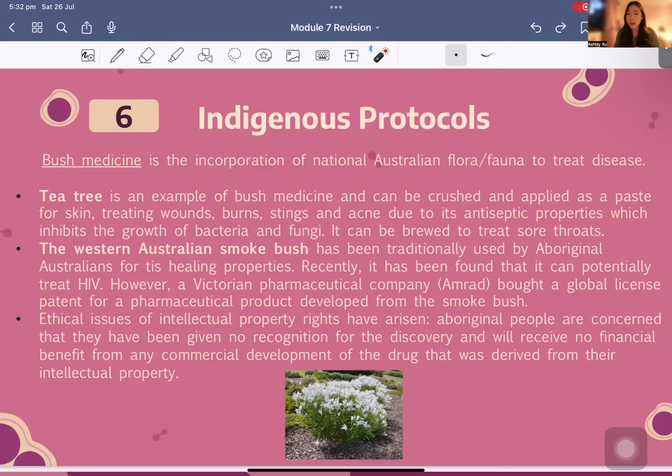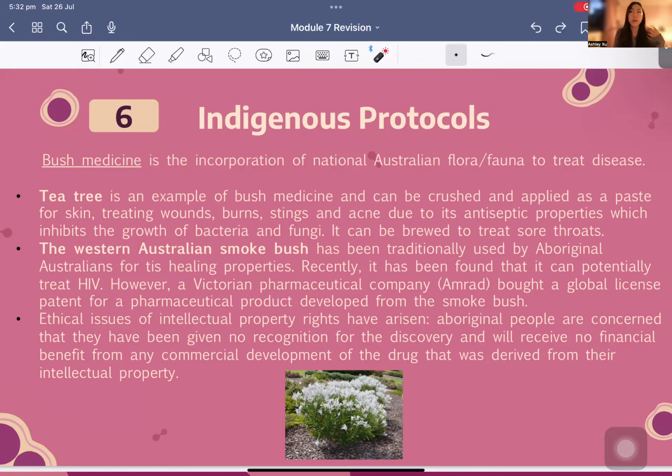But instead of that happening, a Victorian pharmaceutical company known as Amrad bought a global license to patent smoke bush. That's a very big problem. Why? Because if this HIV treatment is successful, then all the money will go to Amrad instead of Aboriginal people.